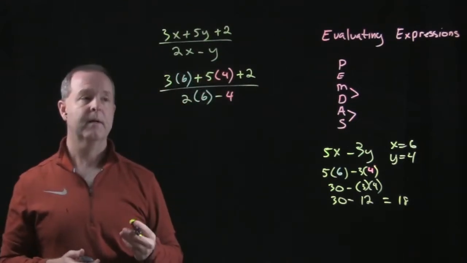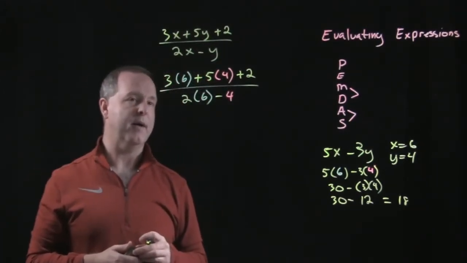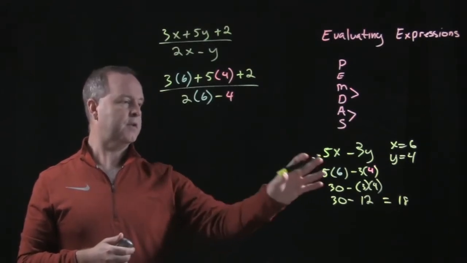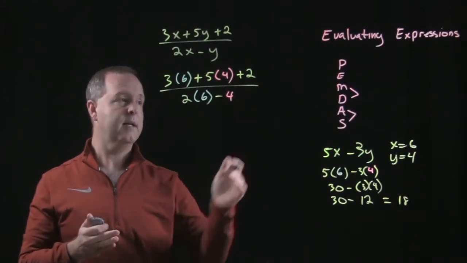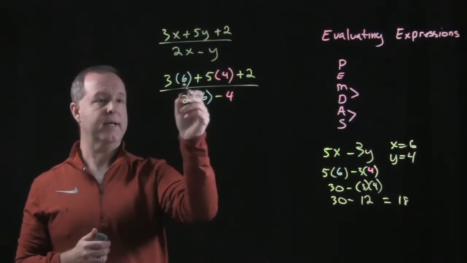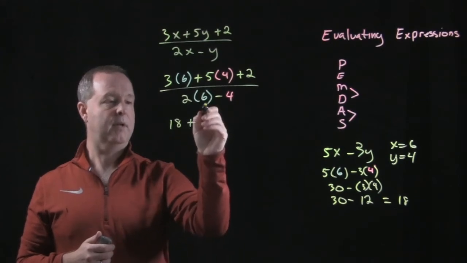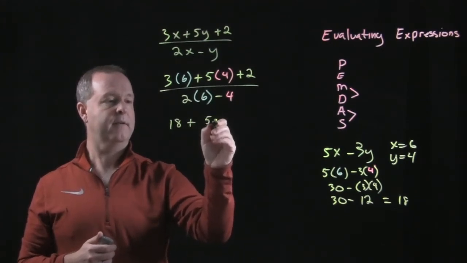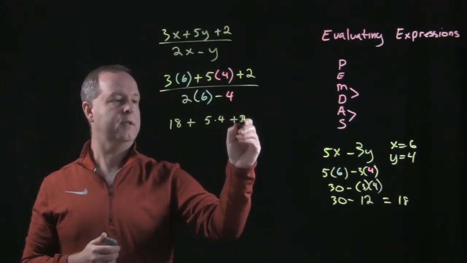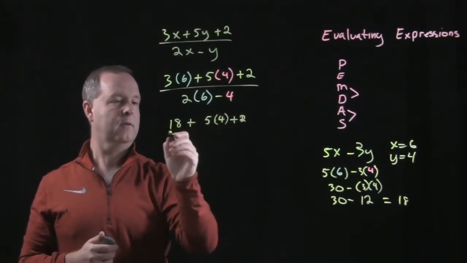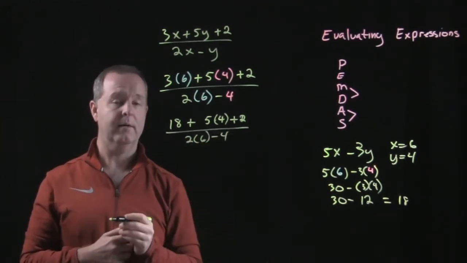Now from here, we're going to slowly reduce and evaluate this expression. First thing it says to do is do any multiplication operations left to right. So 3 times 6, that's 18, plus 5 times 4, plus 2, all over 2 times 6 minus 4.